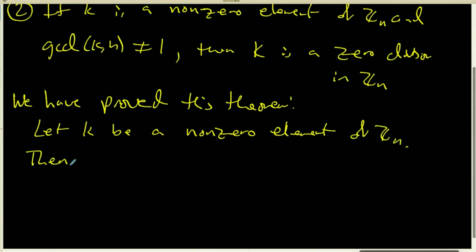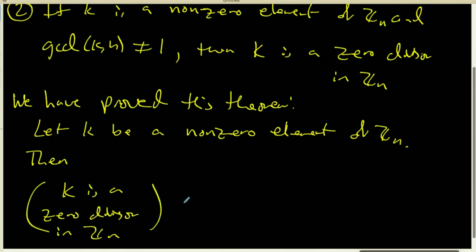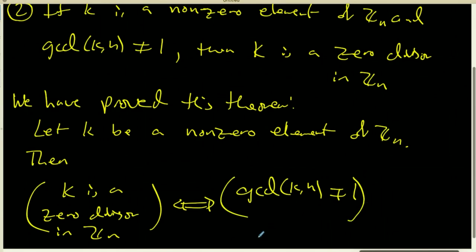Then k is a 0 divisor inside Zn if and only if the GCD of k and n is not equal to 1. And it turns out this is a very important theorem.